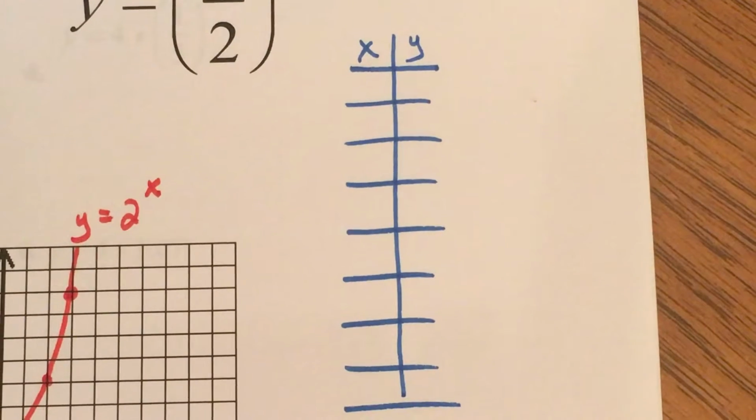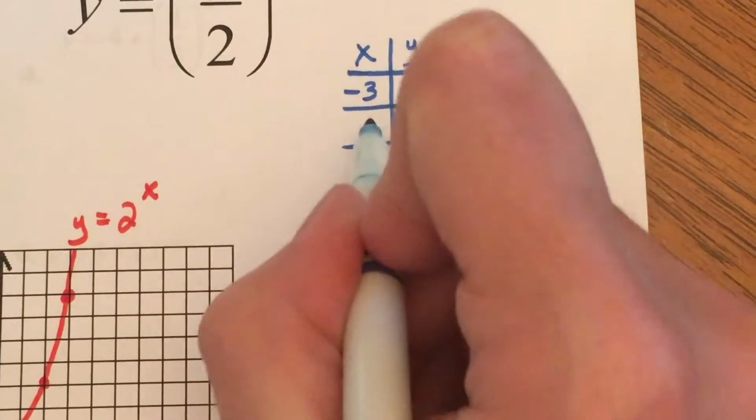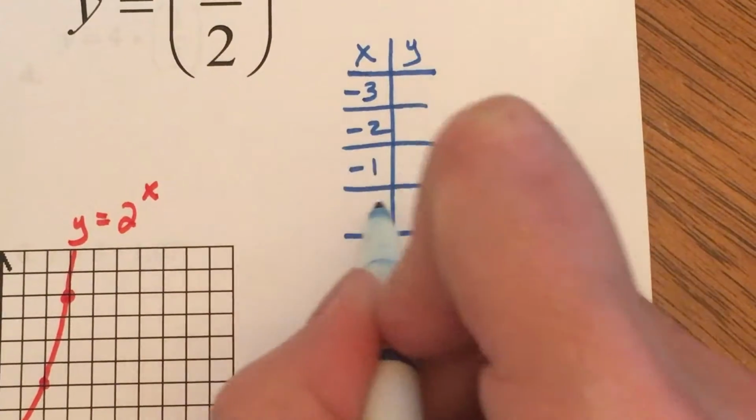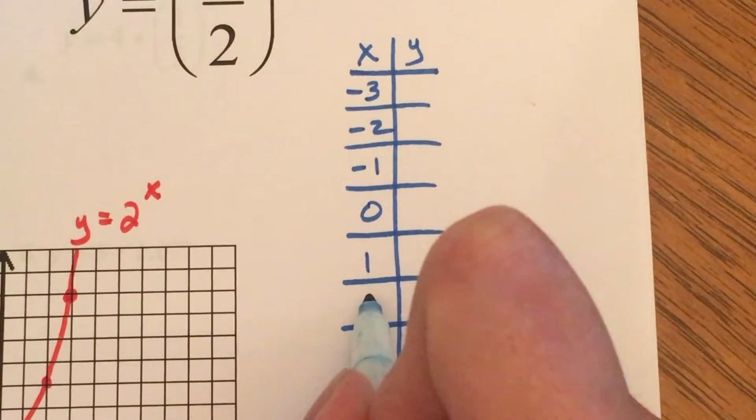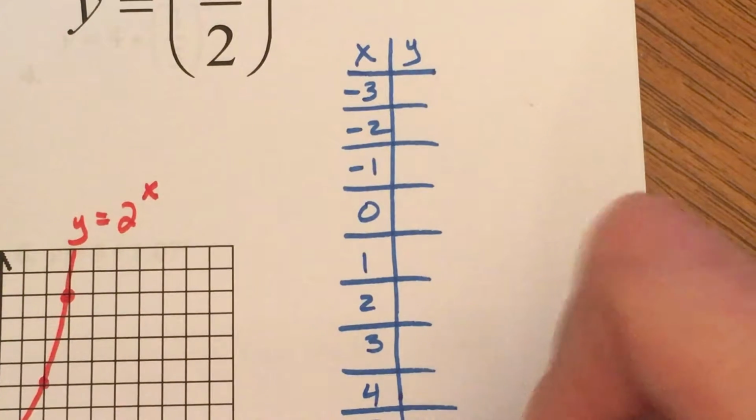Only because I know what's coming, let's start at -3. -2, -1, 0, 1, 2, 3, 4, 5, 6.